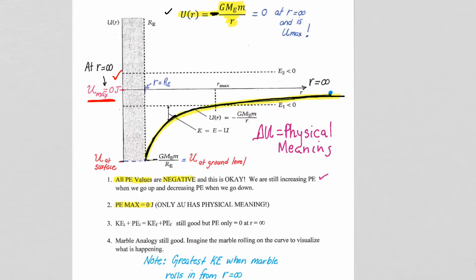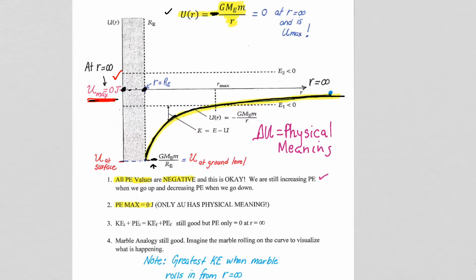The furthest we can go down, if we want to understand this graph, little r equals the Earth is here, the center of the Earth is here, so we come out to the surface of the Earth. The biggest negative potential energy, so it's the smallest, the lowest on our number line, will be at the surface of the Earth. So smallest potential energy out here, largest potential energy way out here at infinity.